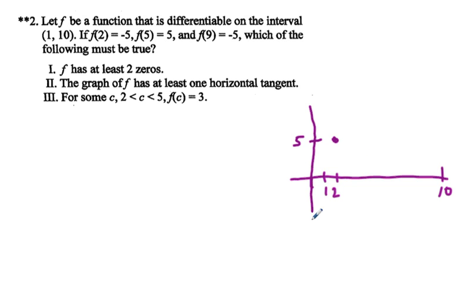I got it wrong here. Okay, f of 2 is negative 5. And f of 5 is positive 5. And f of 9 is negative 5.